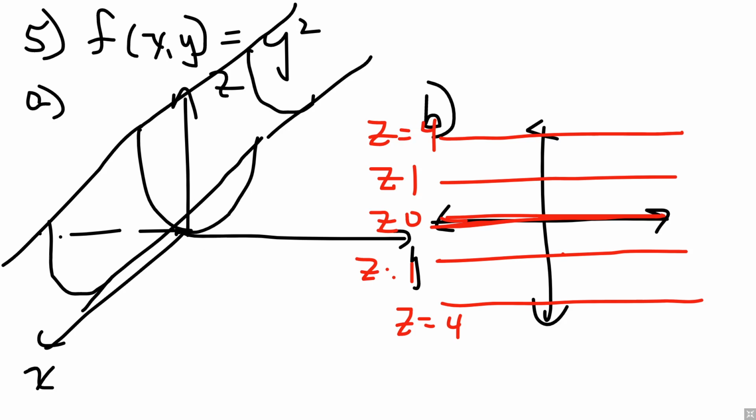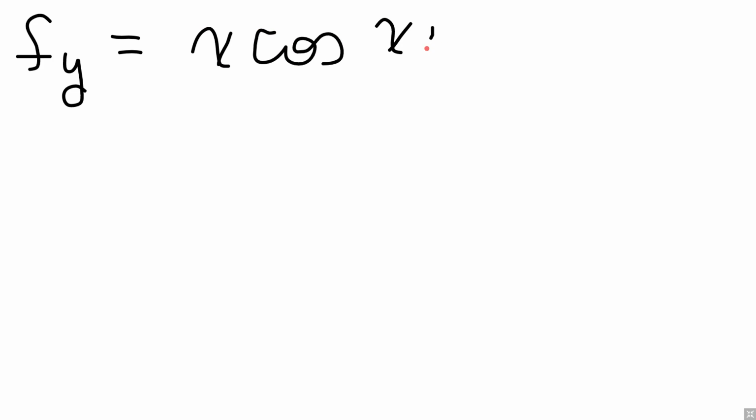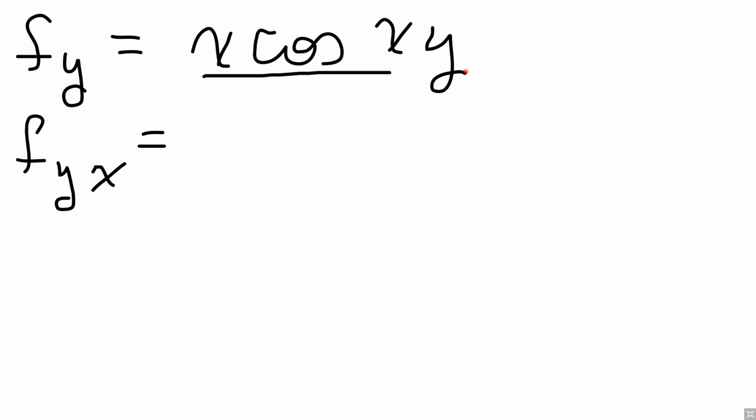In this one, we're going to start with the partial of f with respect to y. We said that was equal to x times the cosine of xy. So now we're going to take the partial of that, the partial of f with respect to y, now with respect to x. Keep in mind that x is the variable, so again I'm going to have to use the product rule here.